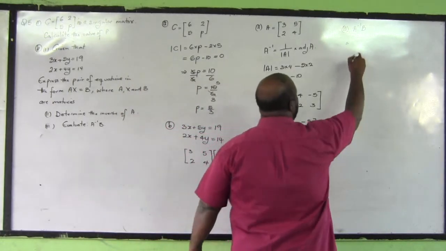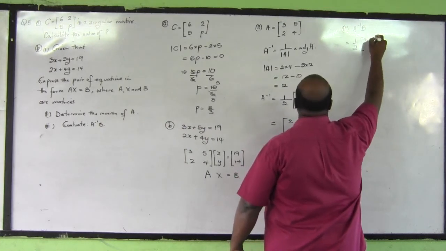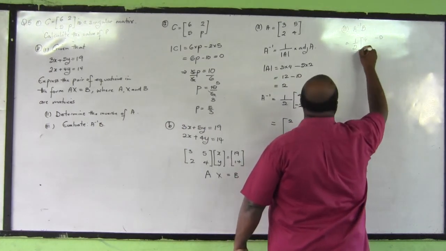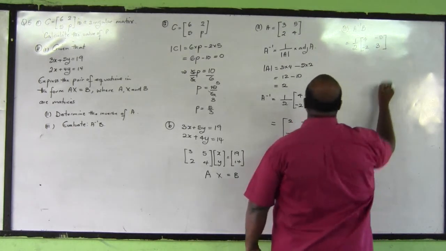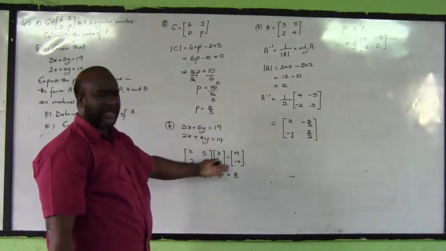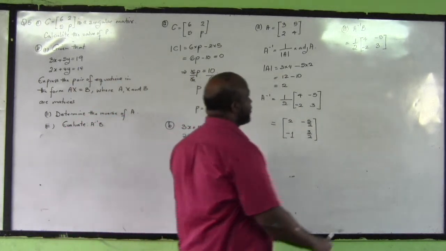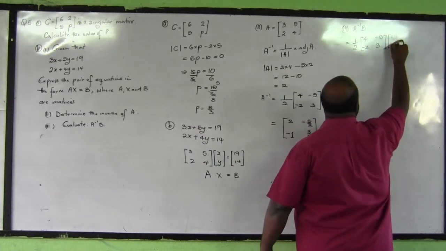So A inverse is a half times the matrix 4, minus 5, minus 2, 3. That's A inverse times B. Remember, B is 19, 14. You might need to get a calculator to help with this.